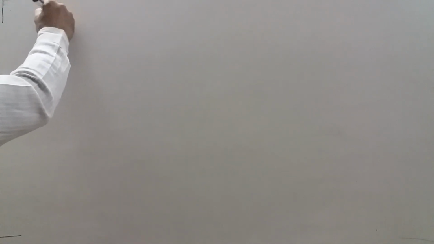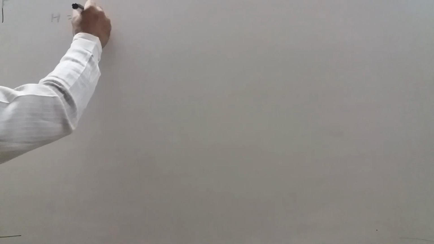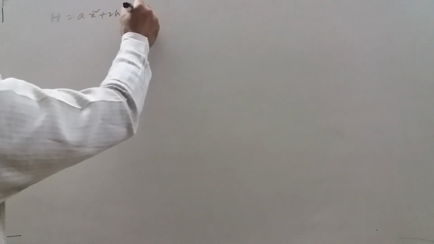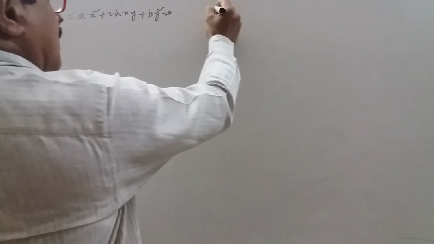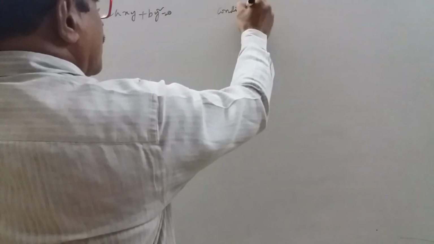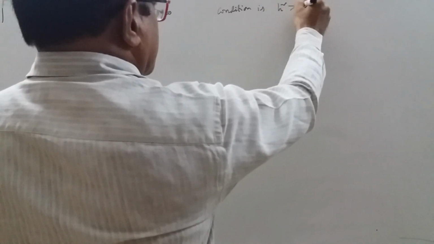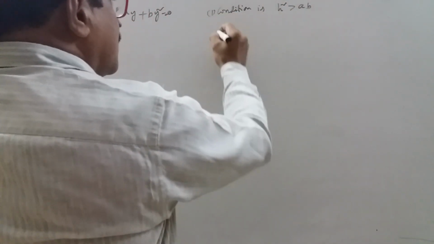Now we are going to discuss only the homogeneous equation, that is H is equal to 0, which is a homogeneous second degree equation. Let H is equal to ax square plus 2hxy plus by square is equal to 0 represent straight lines; the condition is h square greater than ab.